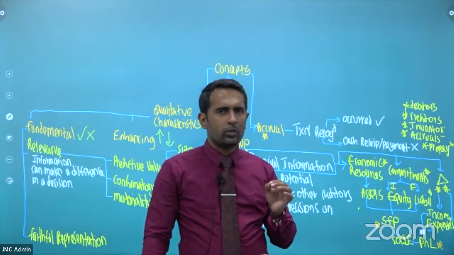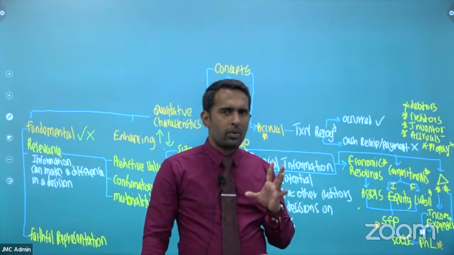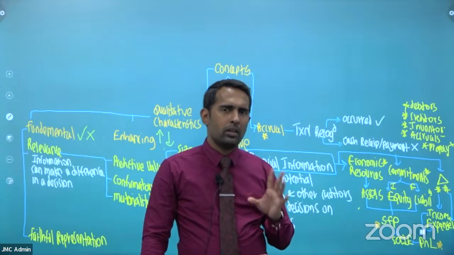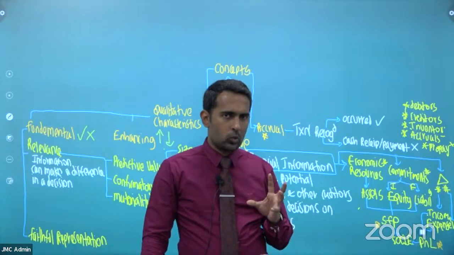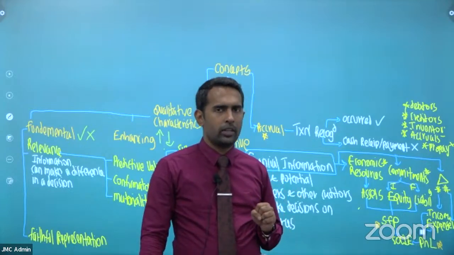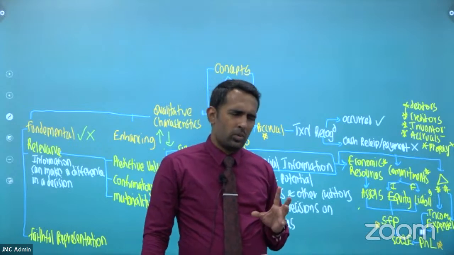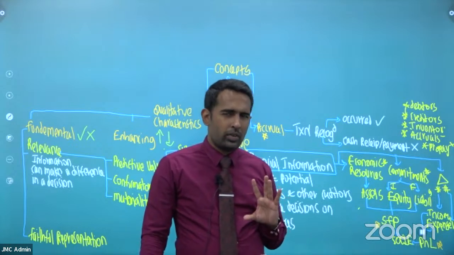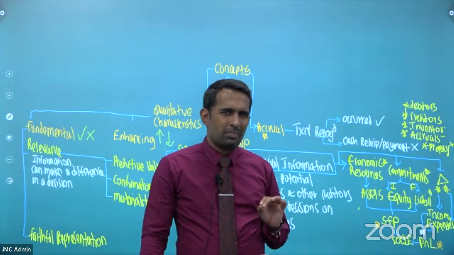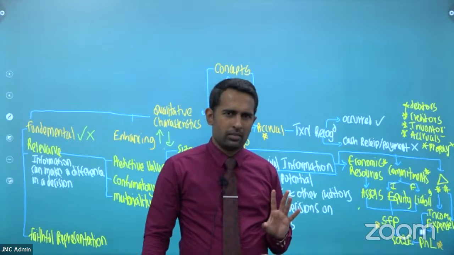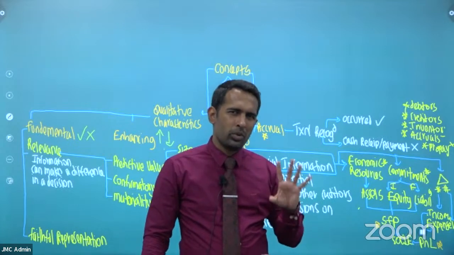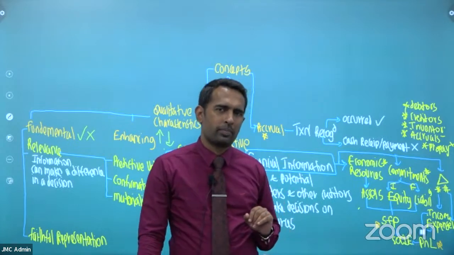The junior executive who is working in the stores has stolen 100,000 worth of items. Now, 500 million worth of items are there, so size-wise 100,000 may not be material. So you may not be bothered about that 100,000.